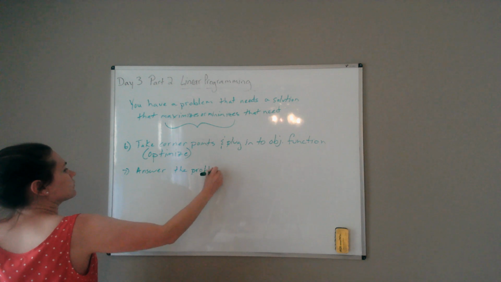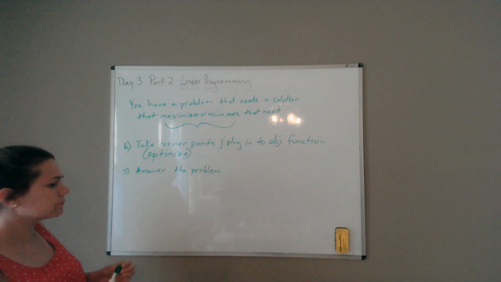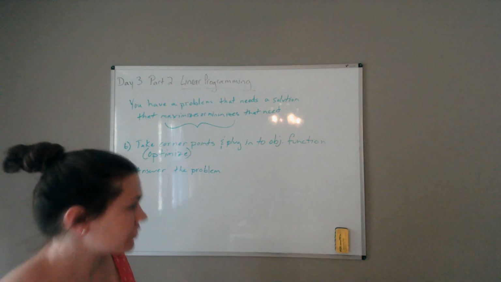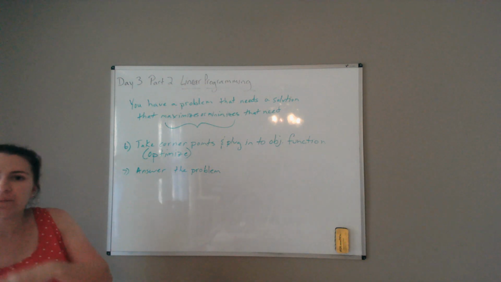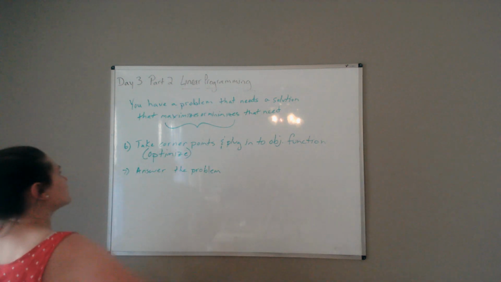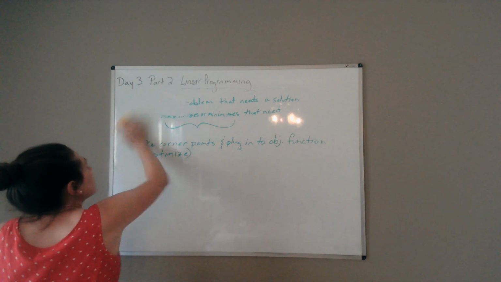Okay, so here we go. Those are the steps. I know we wrote them down. It might not make much sense to you, so it really starts making sense once you start doing these problems. So I'm going to erase the board.